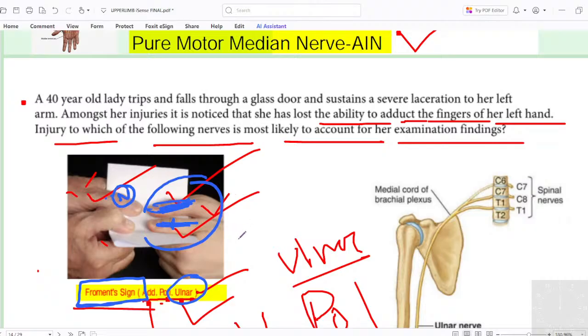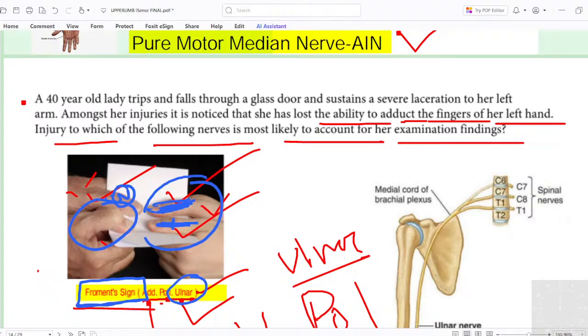What will be the movement of the thumb for adduction? You take the thumb medially, near the palm. This is adduction, and this function will be impaired. That is why, in this affected hand, he is not able to do that movement.